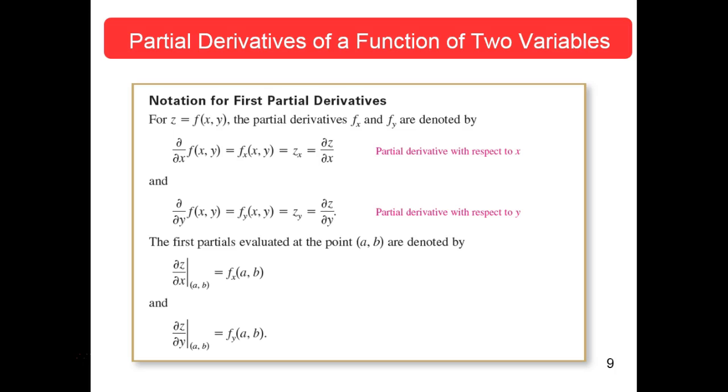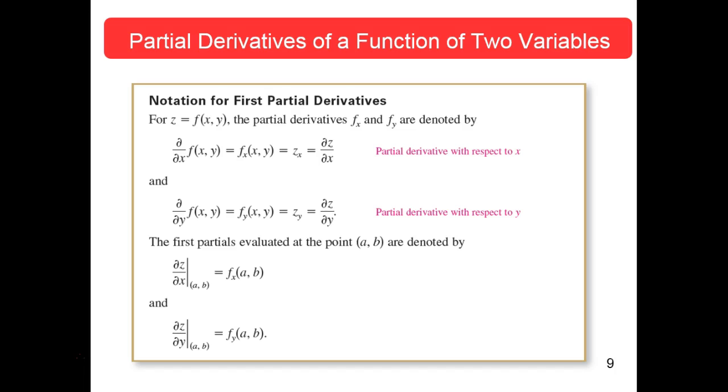Partial, if it's a crooked one, is a derivative; this is a straight one. And this is partial with respect to y of f of xy. Or z sub y, partial of z with respect to y. Partial derivative with respect to y.